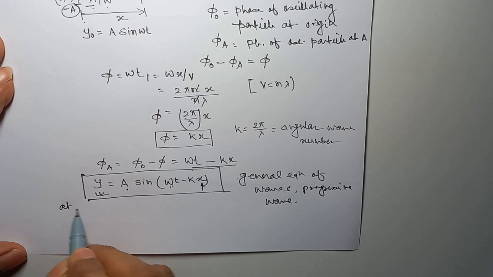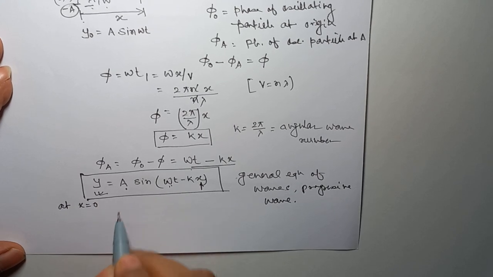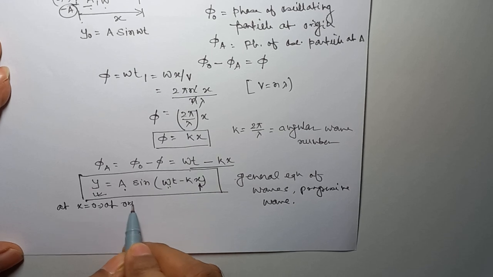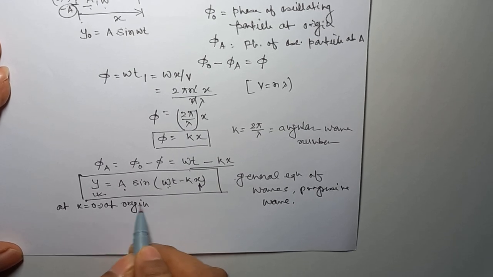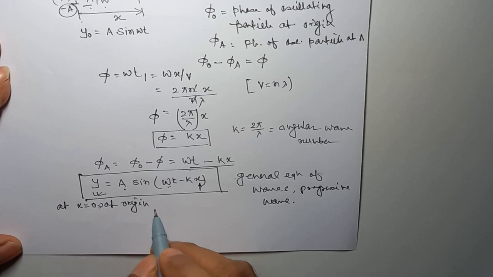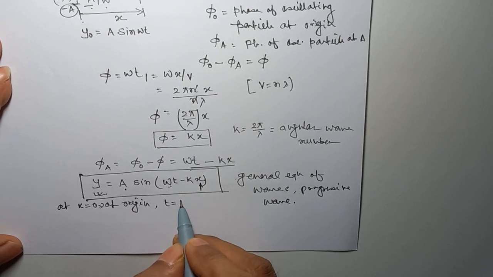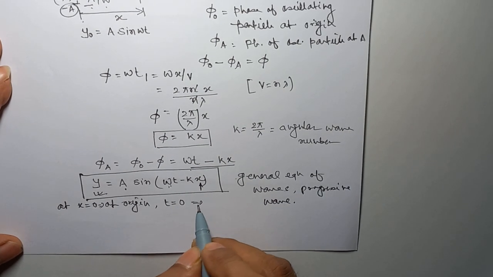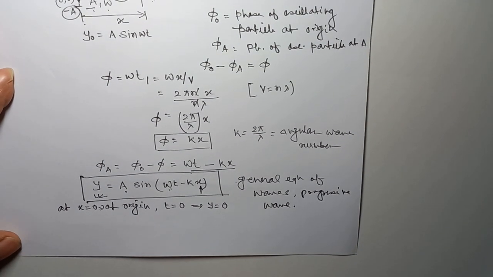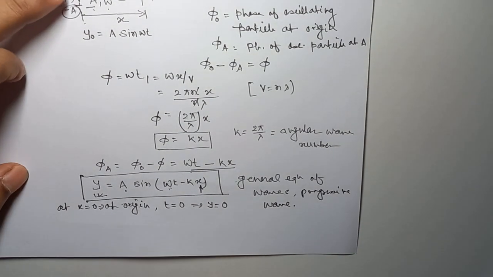At x is equal to 0, means at the origin, and t is equal to 0, we get y is equal to 0. This means the source of oscillation is at the mean position.